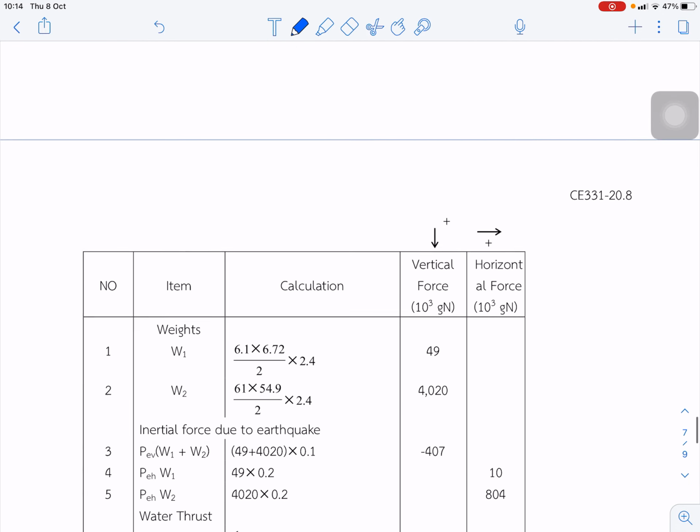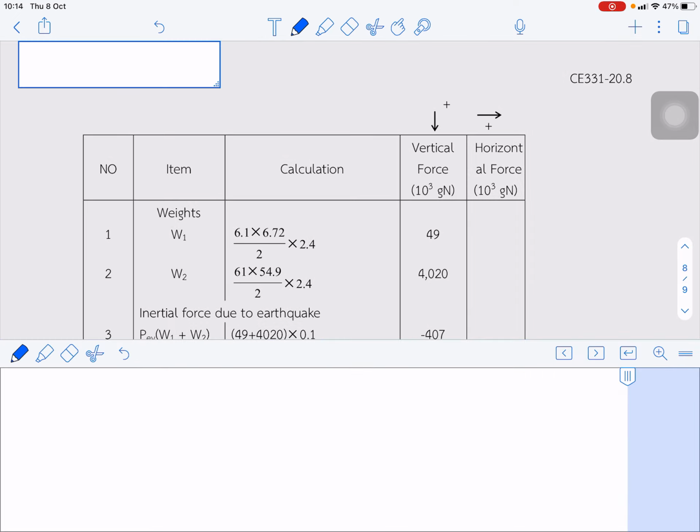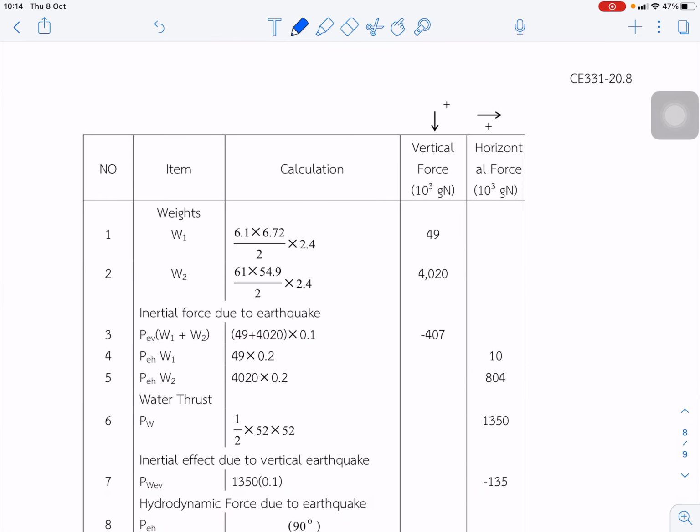Next, we can start to calculate the vertical force and horizontal force. In this case, for vertical force we assume that downward is positive, and for the horizontal force, downstream is positive.